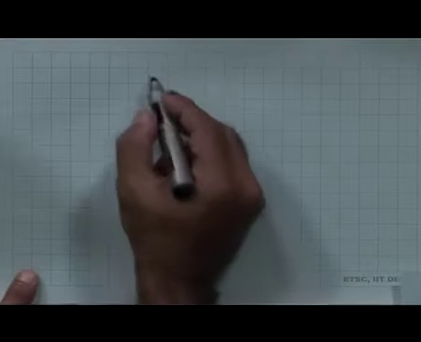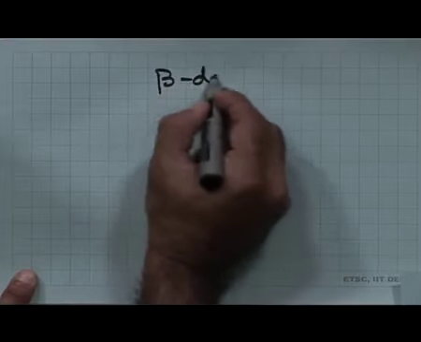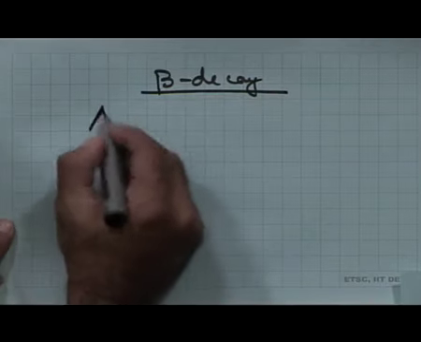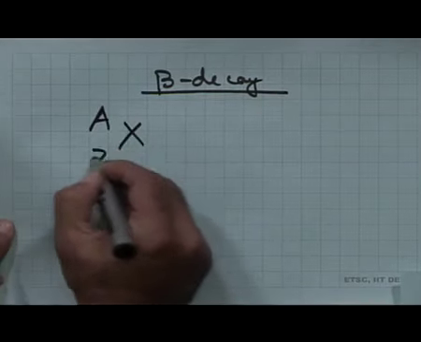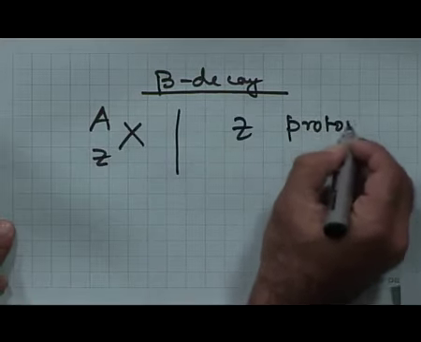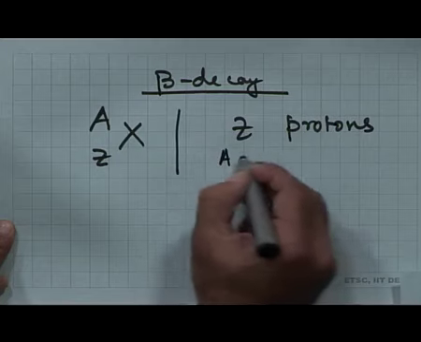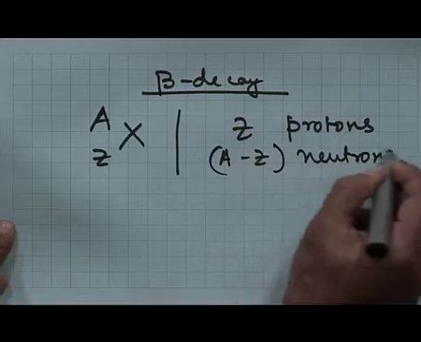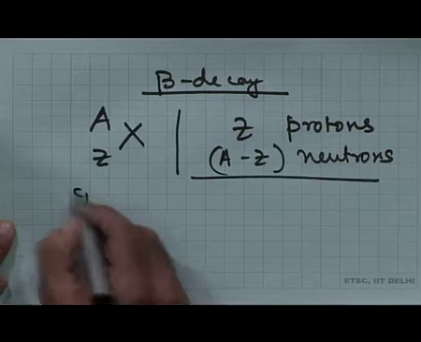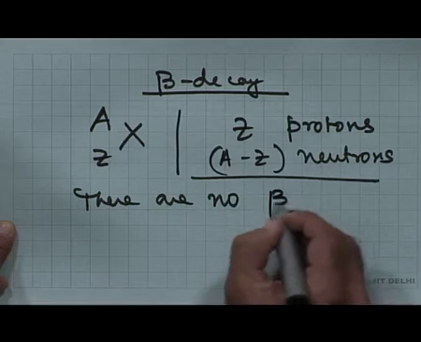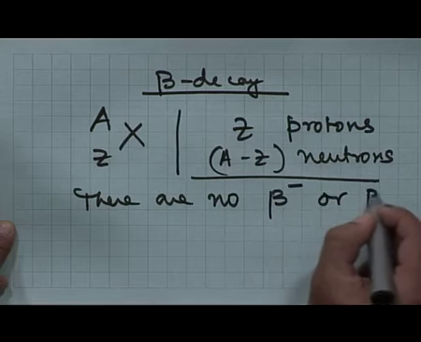Production is the production of something which was not there. But when it comes to beta decay, I told you that when I write A X Z, there are Z protons and A minus Z neutrons. There are no beta minus or beta plus particles.